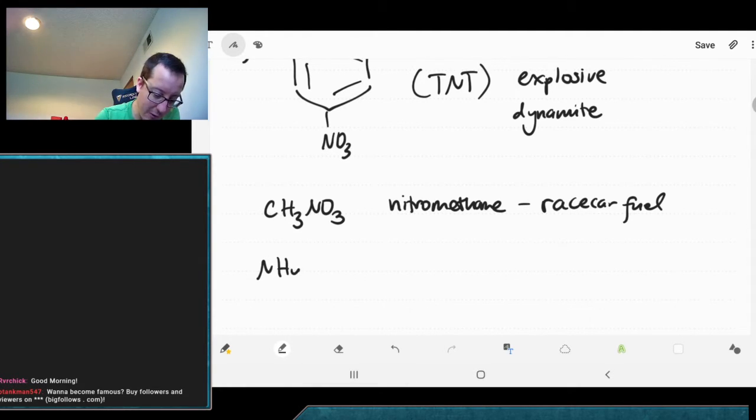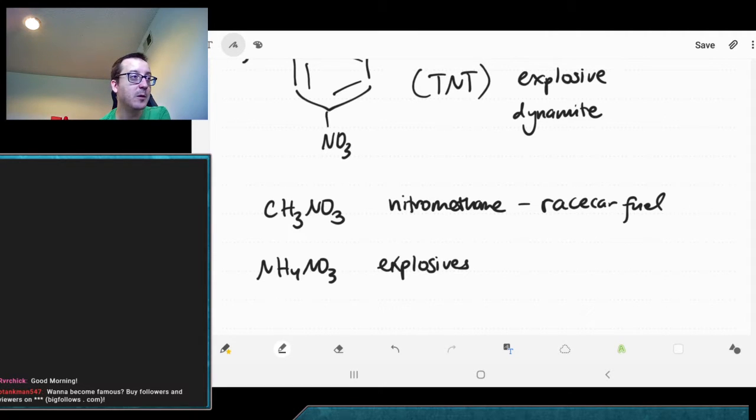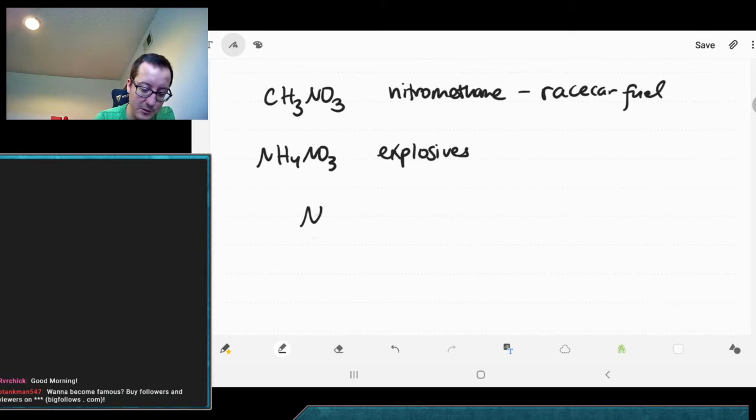You have ammonium nitrate, which also as a fertilizer is used in explosives. All these nitrates are highly oxidizing. They're ready to react. So that's a very common thing when we have nitrogen in the +5 oxidation state. It tends to make things pretty explosive.